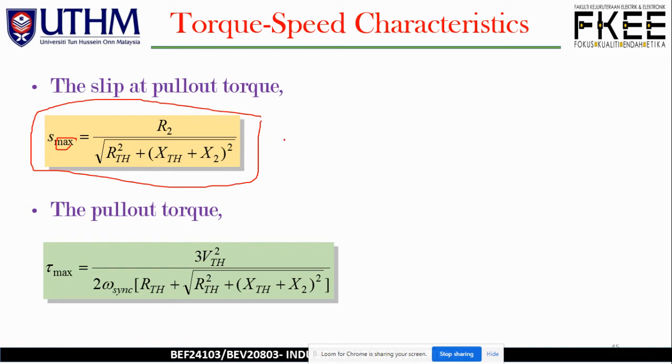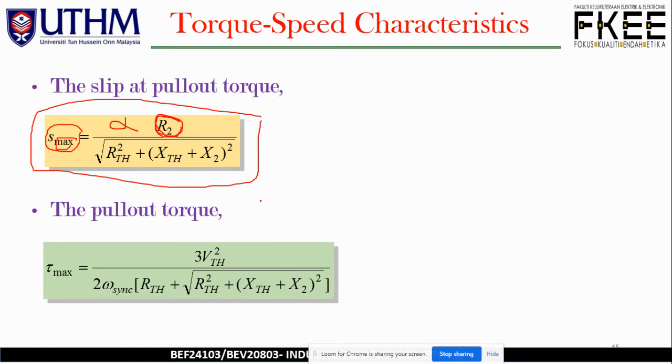Please take note that R2 is the only numerator here. Thus, slip is directly proportional to the rotor resistance. R2 is the rotor resistance, so S max is directly proportional to R2.